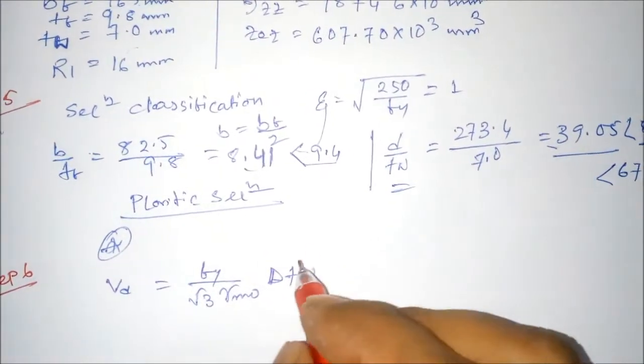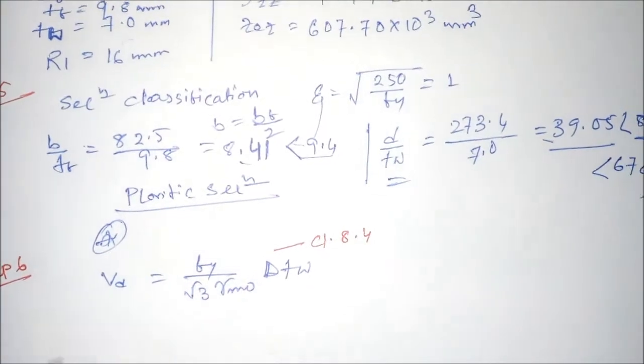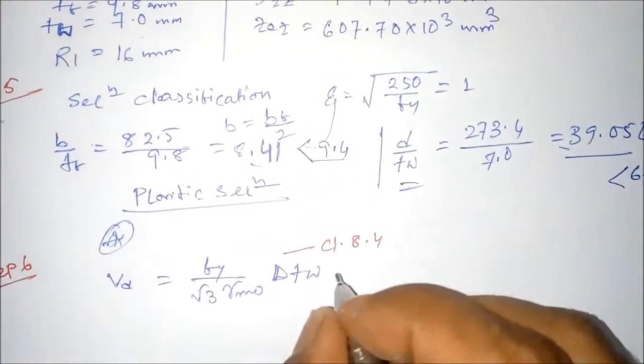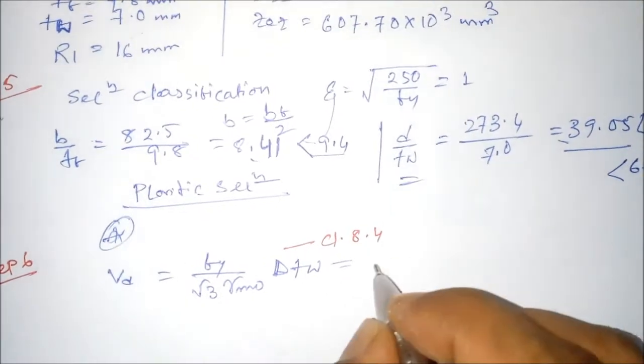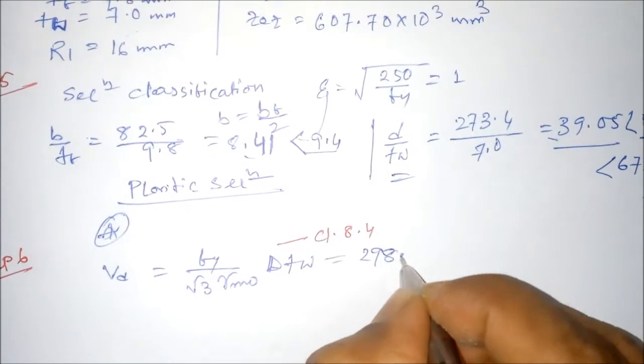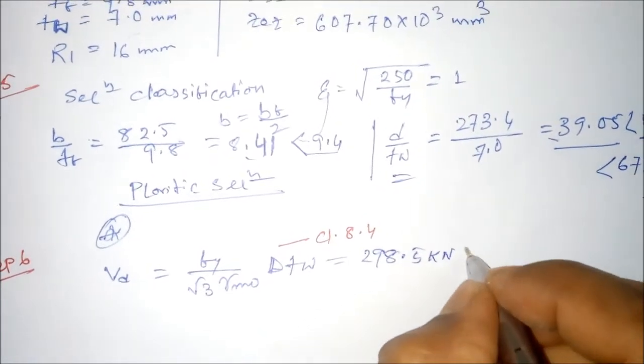You can get this equation in clause number 8.4, right. So putting all the values, which are known, we can find out the value of Vd, which is coming 298.5 kilonewton, right.